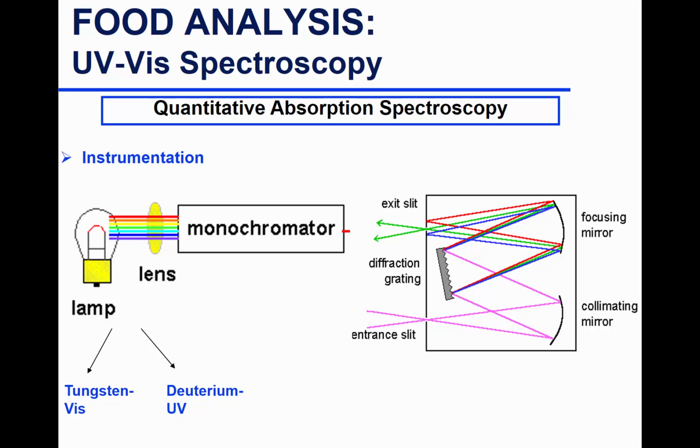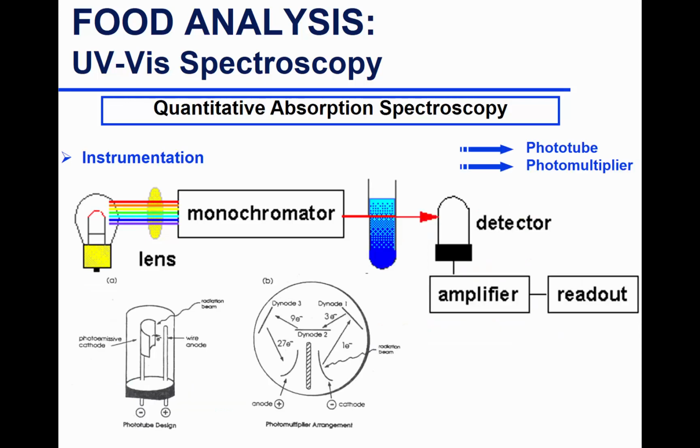So then only light with a singular or very close wavelength exits that slit and goes towards your sample. So now only a select light with a select wavelength goes through the sample compartment. Absorption, reflection, scattering occurs, and then transmitted light goes towards the detector. So what we are detecting in absorption spectroscopy is the transmitted light.